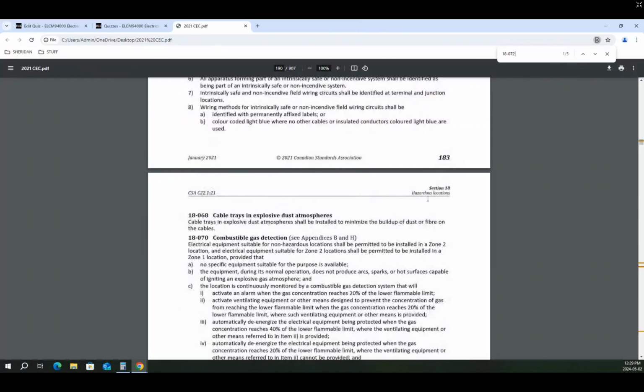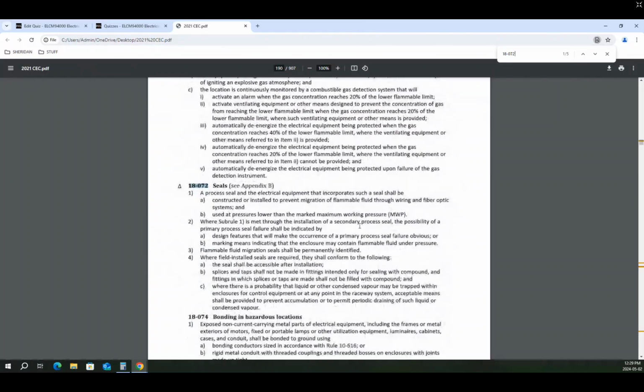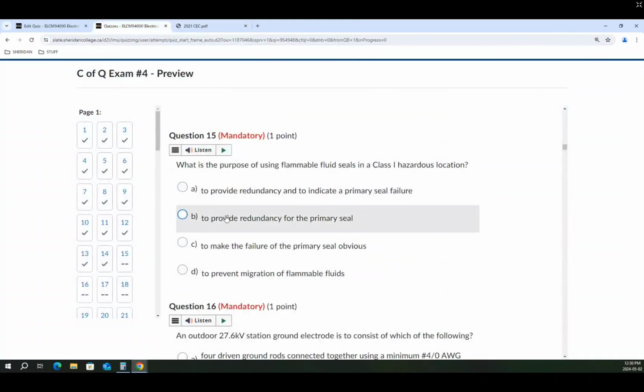So 18 is hazardous locations, right? So process seal or electrical equipment that incorporates such a seal shall be constructed or installed to prevent migration of flammable fluids through wiring of fiber optic systems and used at pressures lower than the marked maximum working pressure. So my answer is to prevent migration of flammable fluids.